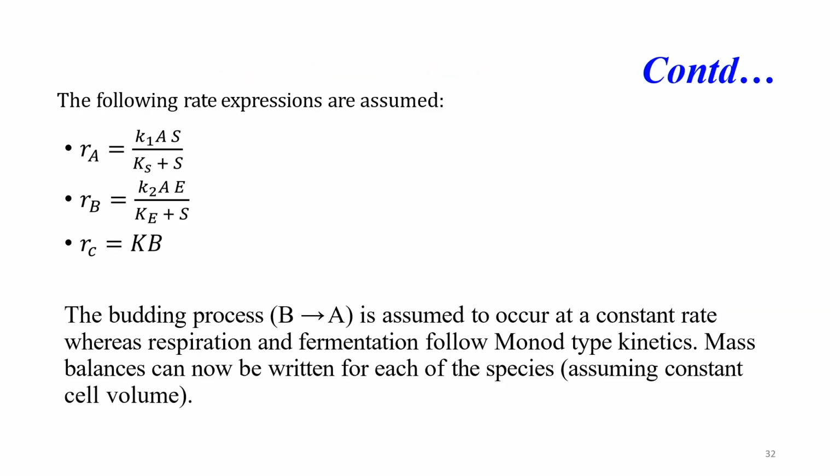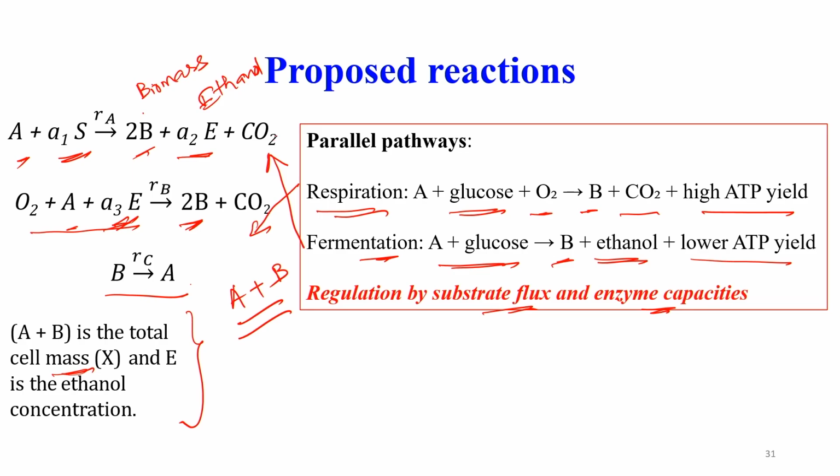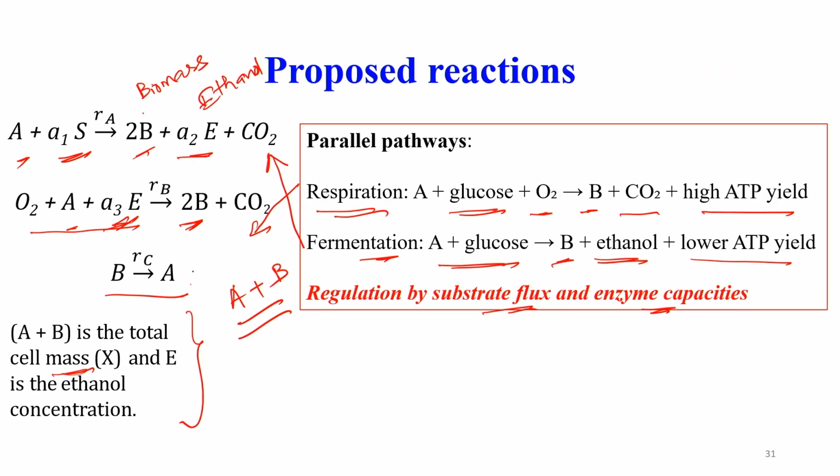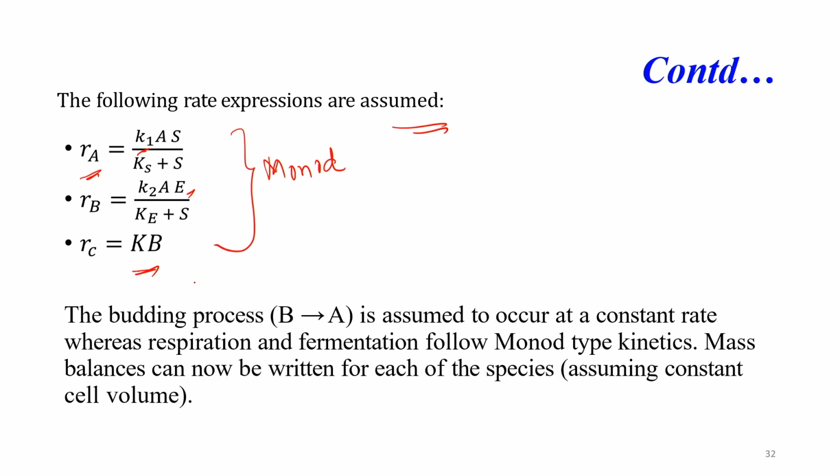capacities. Now, based on these equations 1, 2 and 3, the following rate expressions are assumed. RA, we are assuming, follows Monod type kinetics. RA is K1 A S upon Ks plus S. RB is K1 A, where the substrate is replaced by the E, upon Ke plus E, and RC is K into B, because B is converted to A in the third reaction.